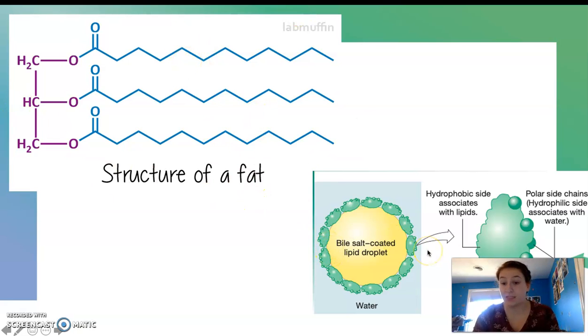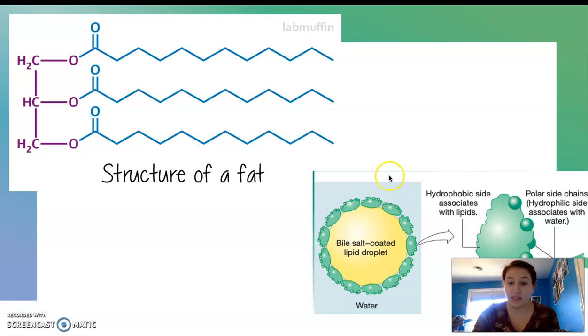If we look at the second picture in the bottom right-hand corner, we can see that bile can coat the lipids. Bile is what we call amphipathic, so it has a hydrophobic side and a hydrophilic side. One side hates water and one side loves water.